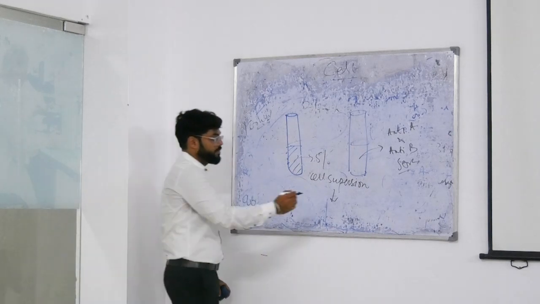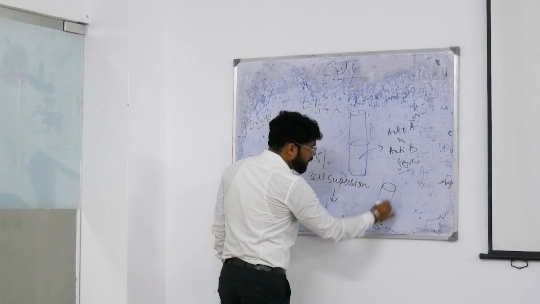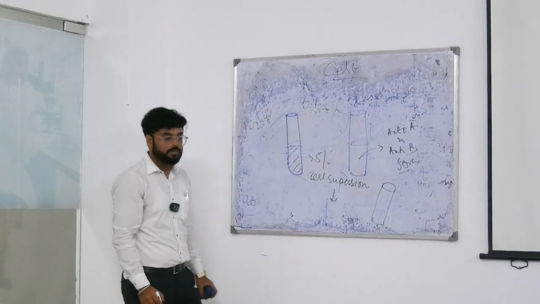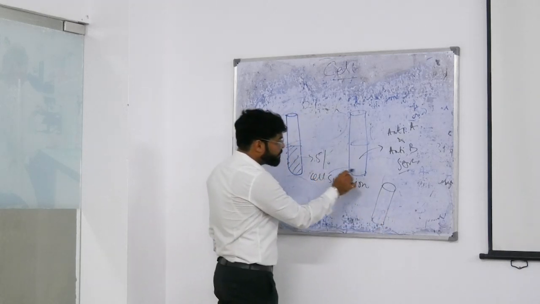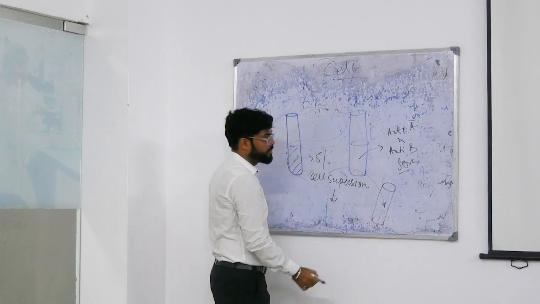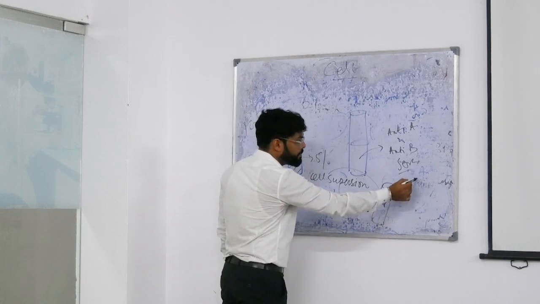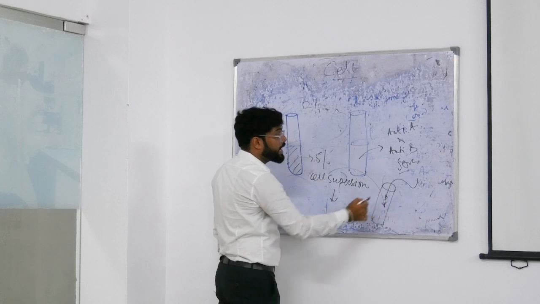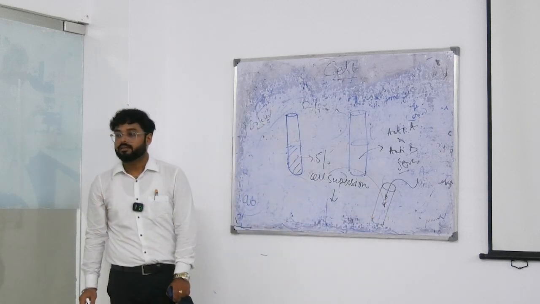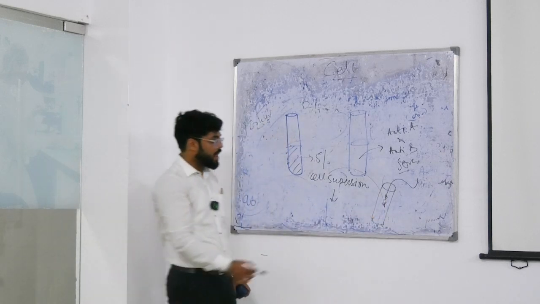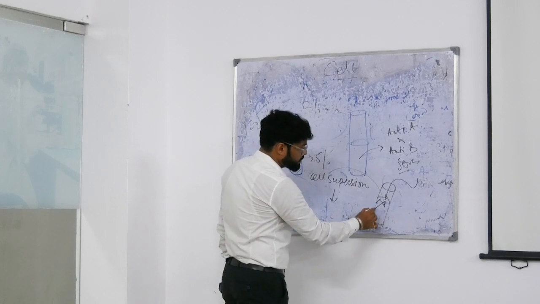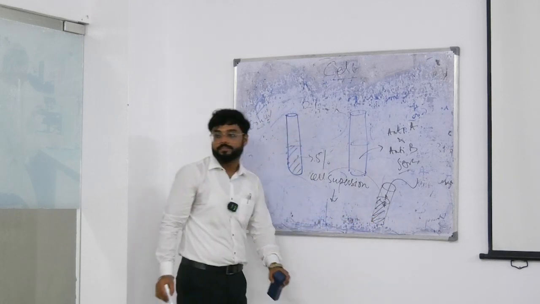Now we take a third test tube, and the 5% cell suspension should be mixed up with anti-A and anti-B sera and makes a solution.